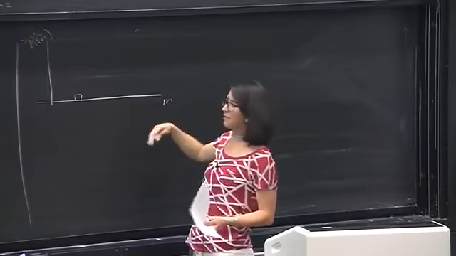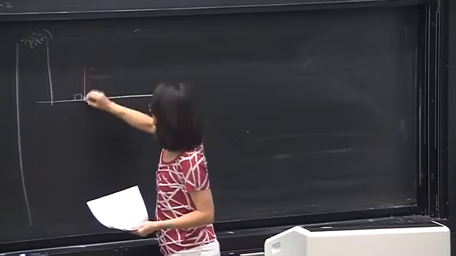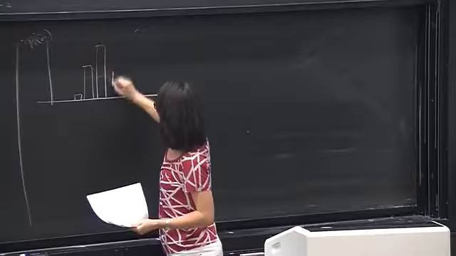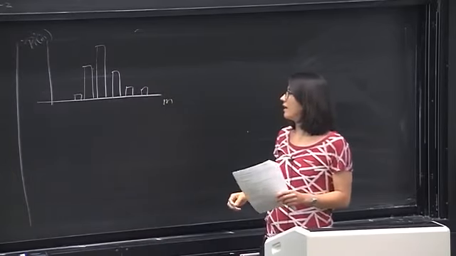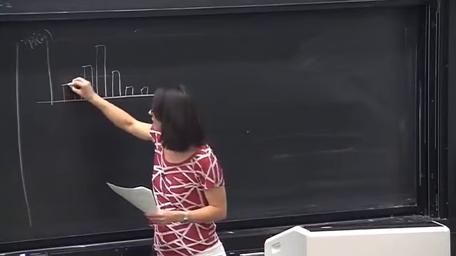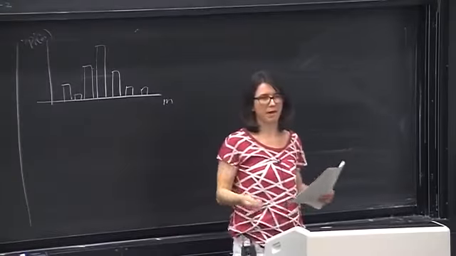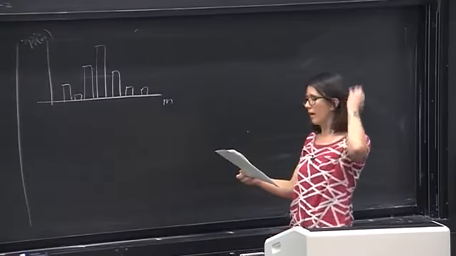So over time, as you're collecting more and more statistics, you would get different heights of your histogram. And this would give you some information about the preparation that you had made.